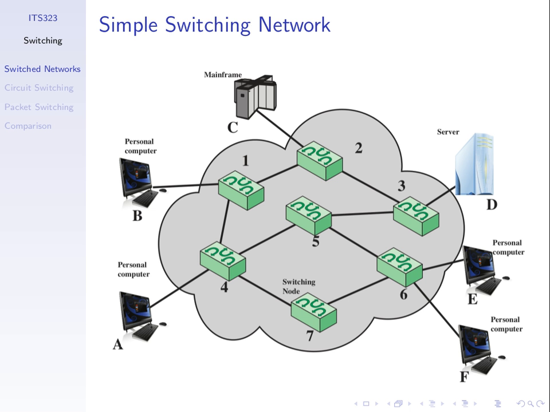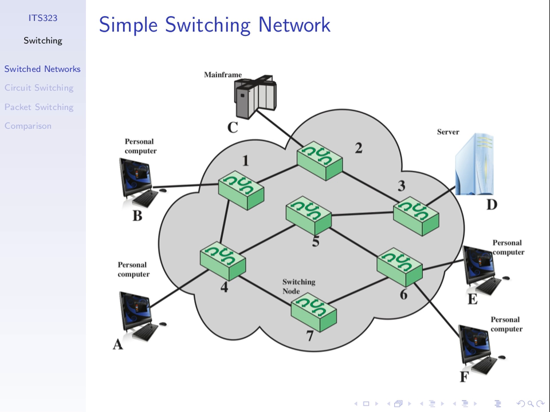Because we have links to several other nodes, from any pair of stations, we typically have more than one path. We saw from A to F, we have the path 476, 456, 412, 356. In fact, we could even go around. So it's good to have multiple possible paths from source to destination.